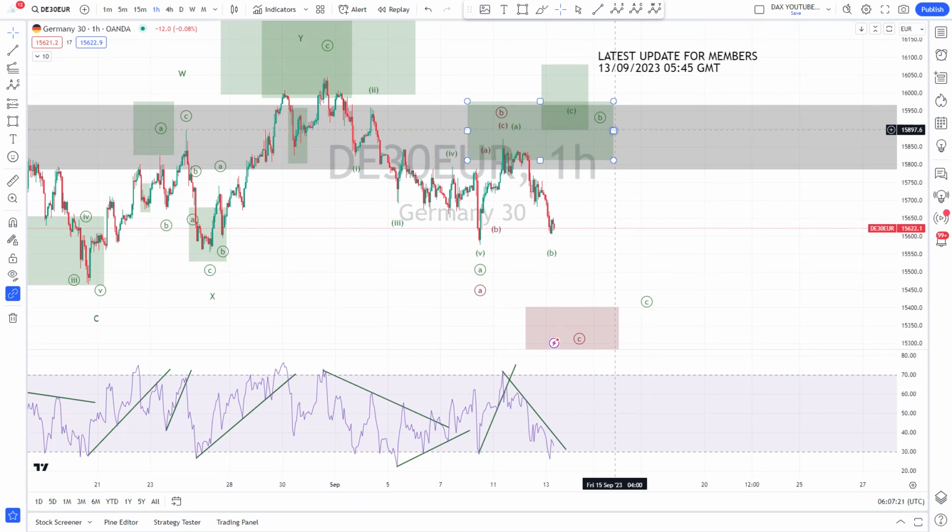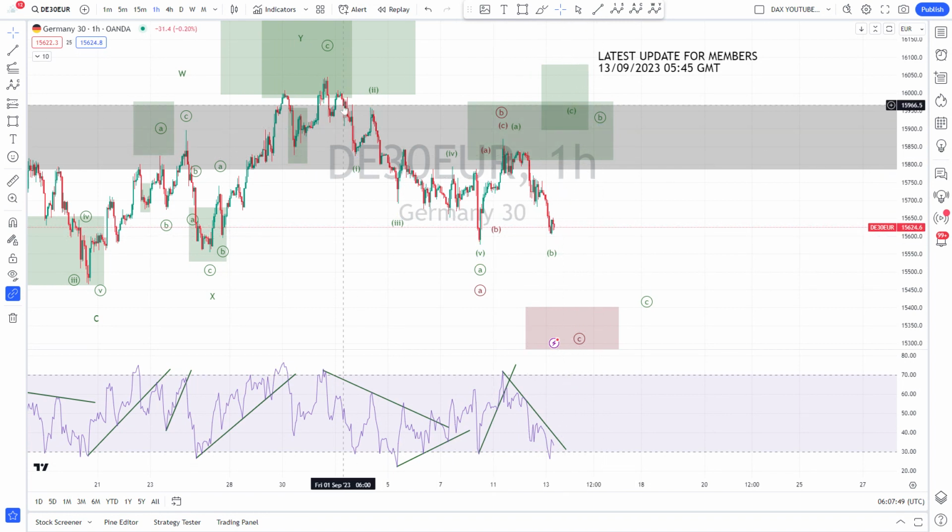So from this point, this looks like a good target. But it's enough that we take out this high here, of course. So this would be my primary scenario, but I have to stress this is simply because I want to align with the other indices, and I expect in the other indices a push up.